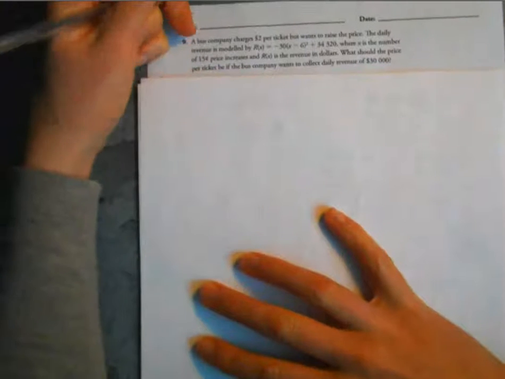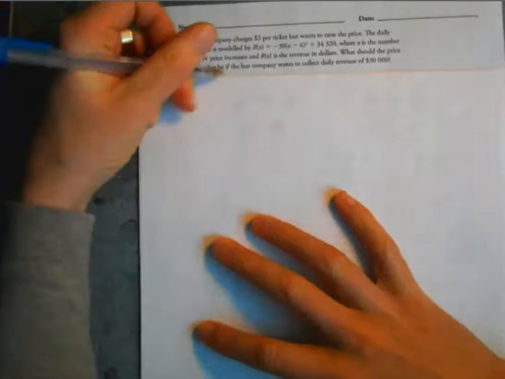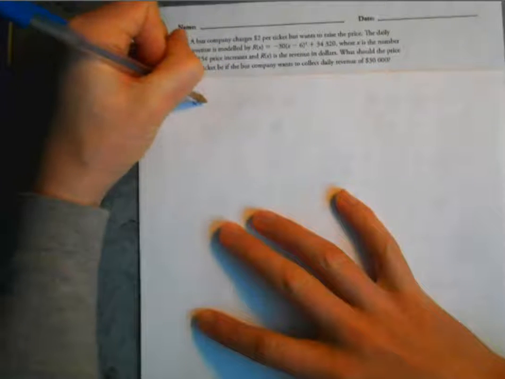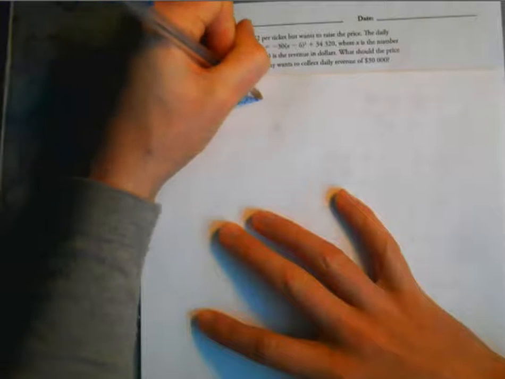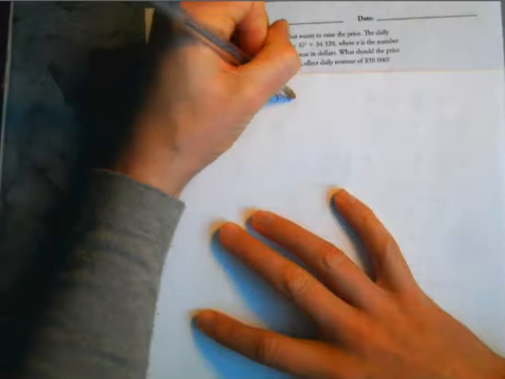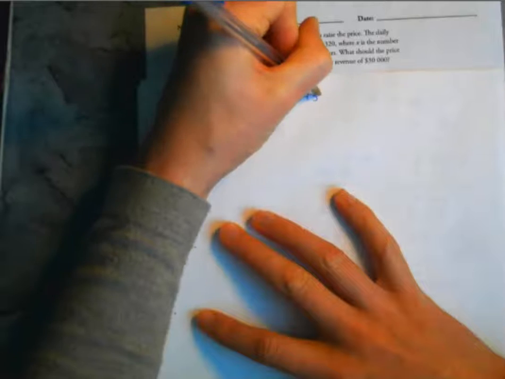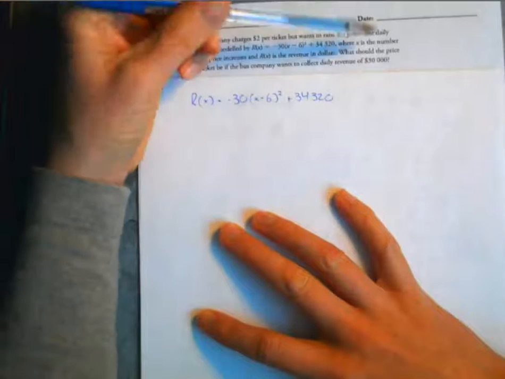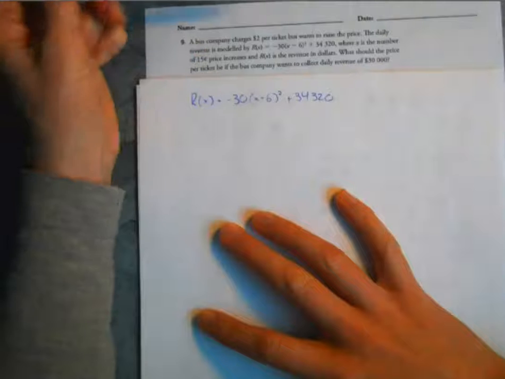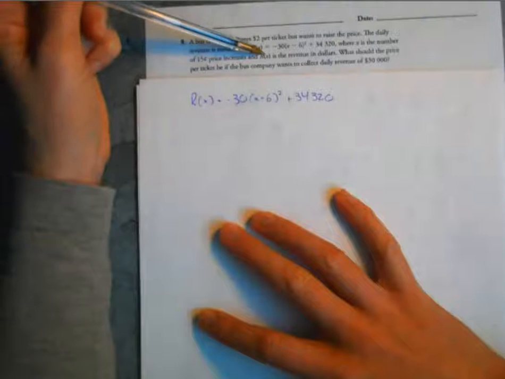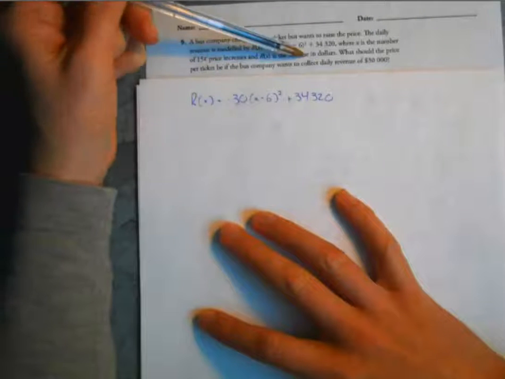Okay, so I'm going to start out by just writing out my formula. r of x is equal to negative 30 x minus 6 squared plus 34,320. So x is the number of price increases, so pay attention to that because that'll be important later on. And r of x is the revenue in dollars.